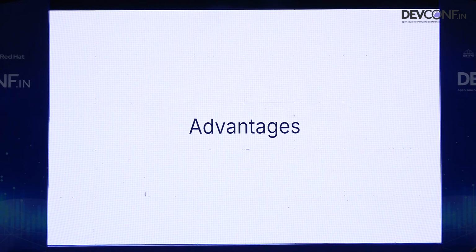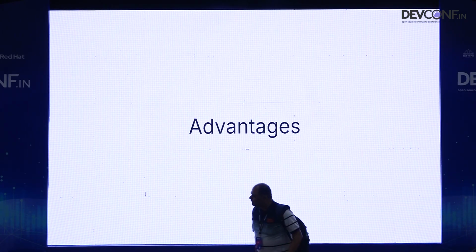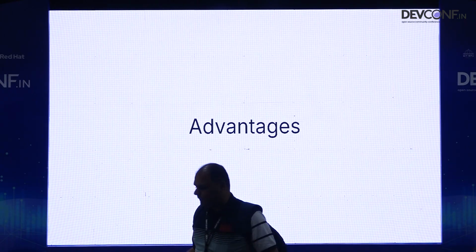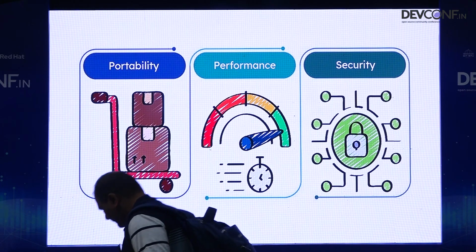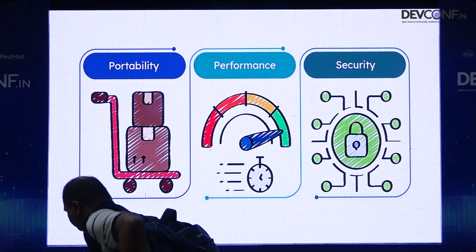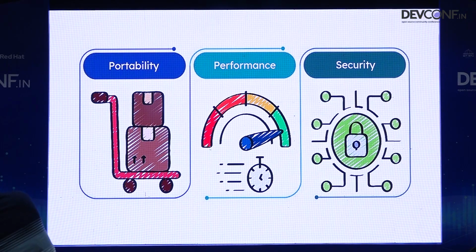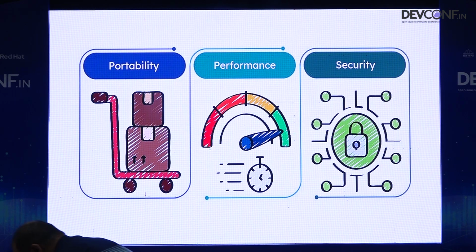And then I'll come to the most embarrassing part of the presentation for me while I was making this. I've spoken about a lot of the advantages that unikernels can have, and it all boils down to 3 things, which I think is true for every single application that people talk about. Talk about Kubernetes, people will say, oh, it's portable, it's performant, it's secure.